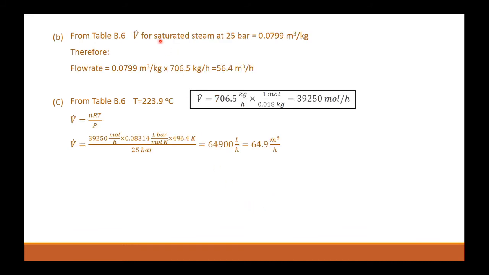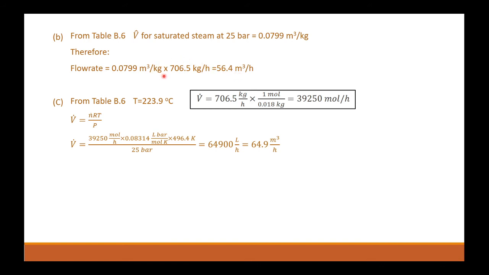Now for part B, using table B.6, the specific volume for saturated steam at 25 bar is 0.0799 meter cube per kg. So therefore, to calculate the flow rate, we simply take the specific volume, multiply by the mass flow rate of the steam that is produced, and that gives us 56.4 meter cube per hour.